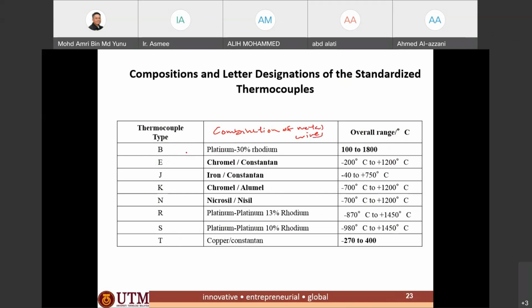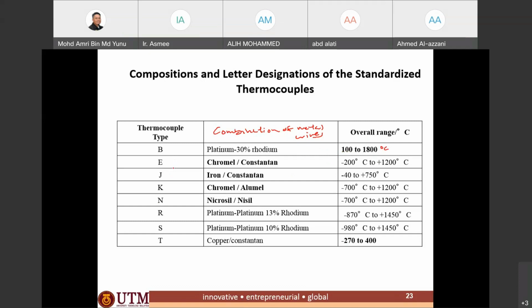For example, type B is a combination of platinum 30% and rhodium. Here you see the range is quite high, where at the high level it can reach 1800 degrees Celsius. But at the low level, it may not be accurate below 100 degrees Celsius.